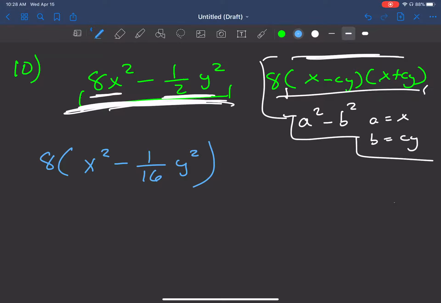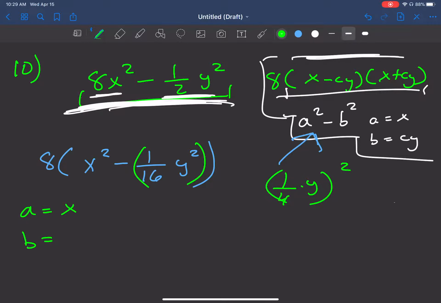We're basically at the point where we can use this formula, right? So what's our a going to be? Our a is going to be x. What's our b? Well, this one's a little bit trickier. I have to pull out the 2 from here, so 1 over 4 times y, this whole thing squared.